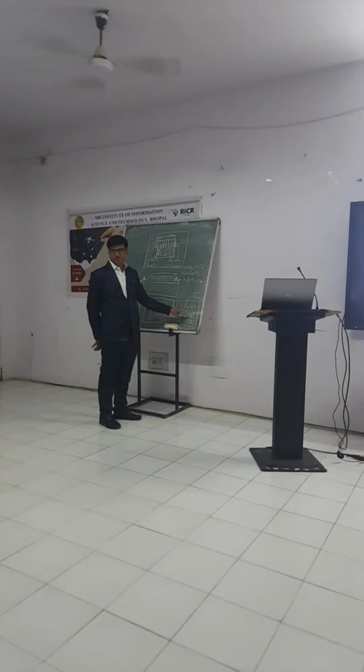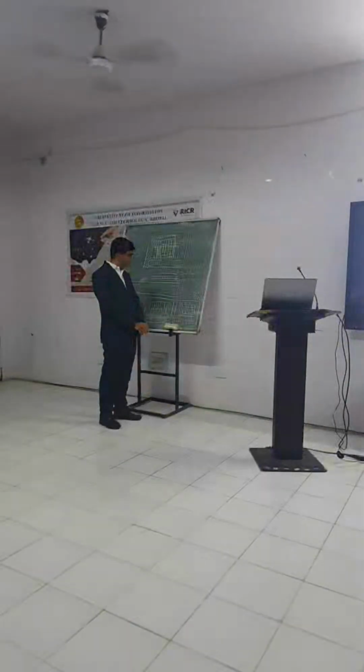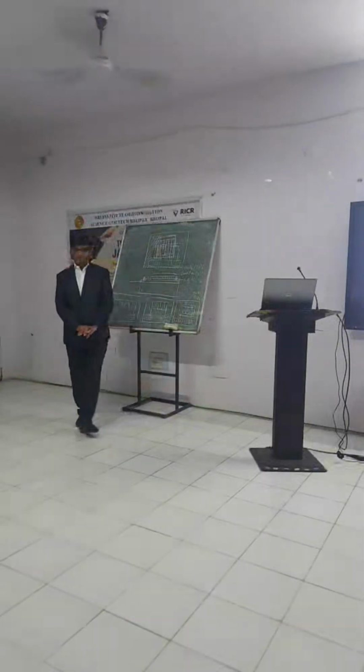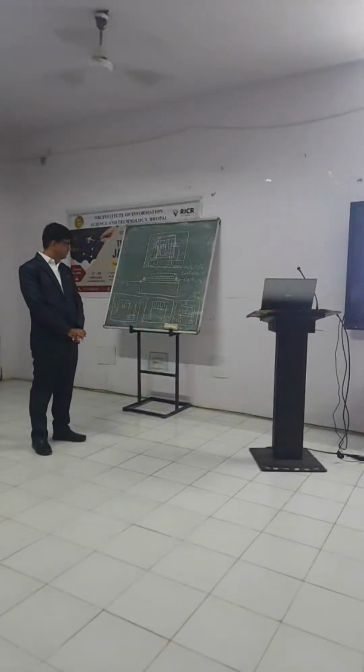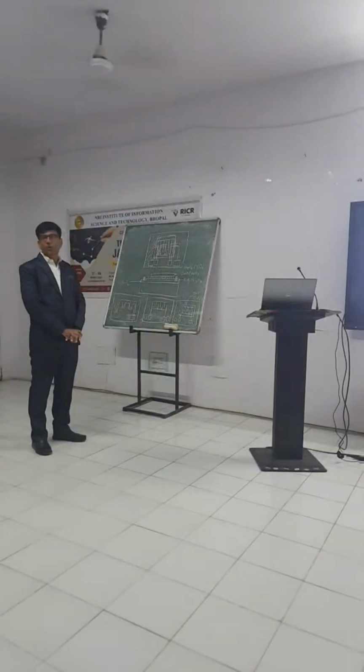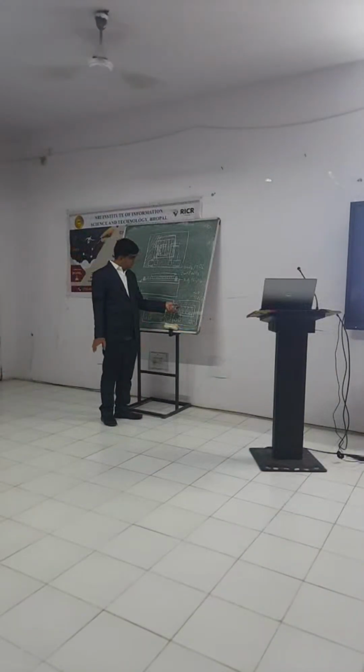Understood? So what will you do in this case? Whether you can go for it or not. No. Why not? Because once you pattern this, during that time the chrome gold etchant, ZnO also will be in touch with your IDT electrode.